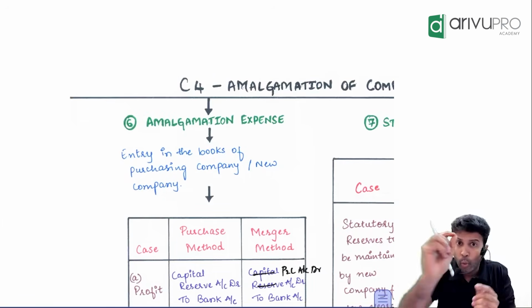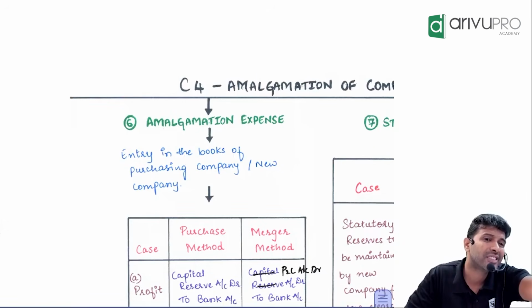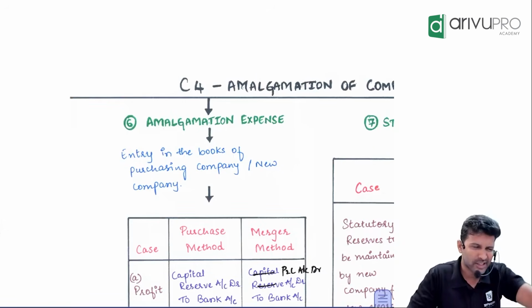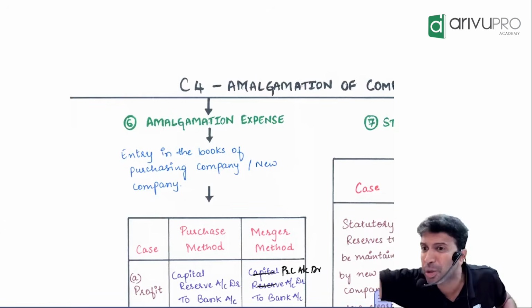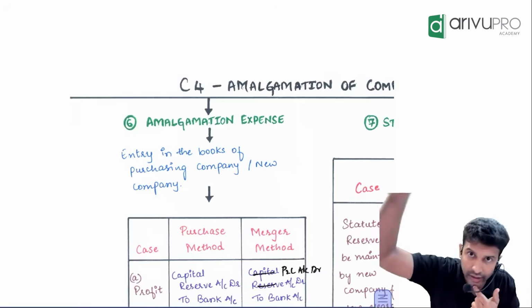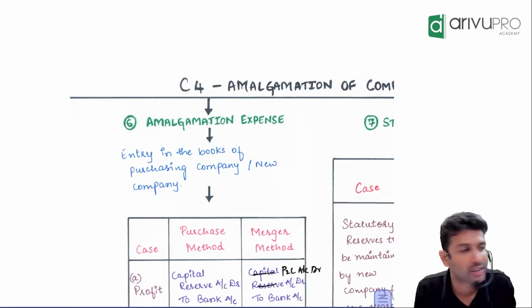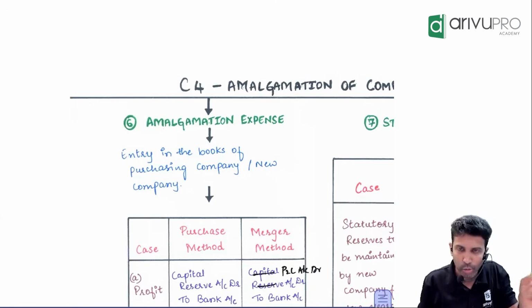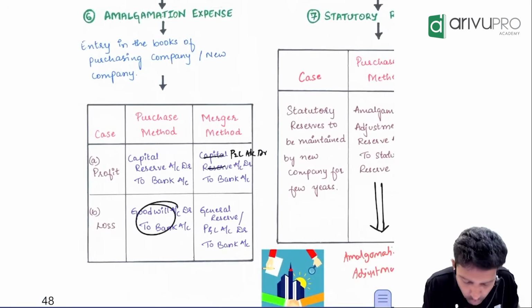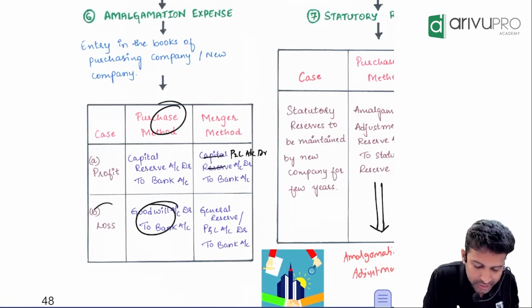We already saw this in internal reconstruction. What is the entry for expense? Effective entry is P&L account debit to bank. But under purchase method, under loss scenario, we call it goodwill. So it will not be P&L to bank, rather goodwill account debit to bank.